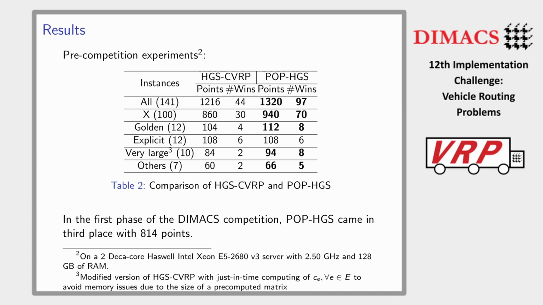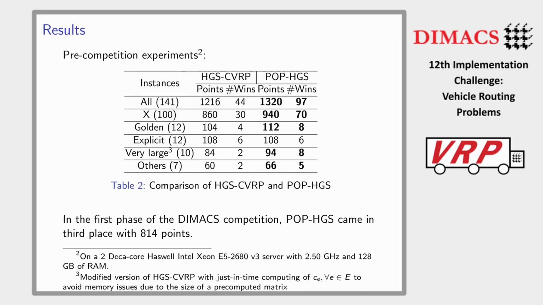It's not so good for performance. It deteriorates the performance. But in this set, POP-HGS got 8 wins against 2, and for the other 7 instances, there is an advantage for POP-HGS with 5 wins against 2 wins for pure HGS.